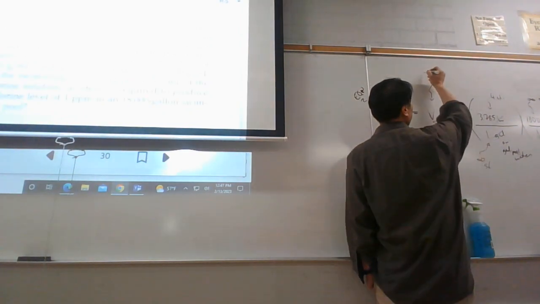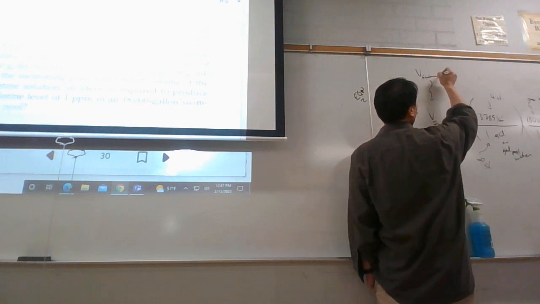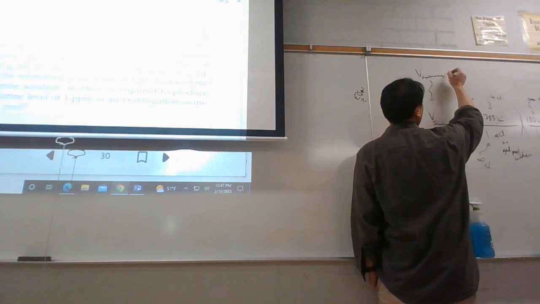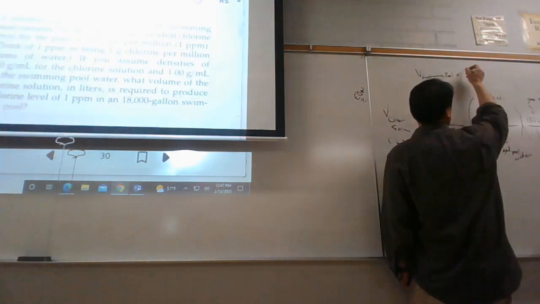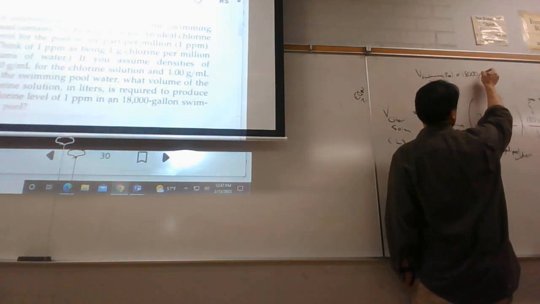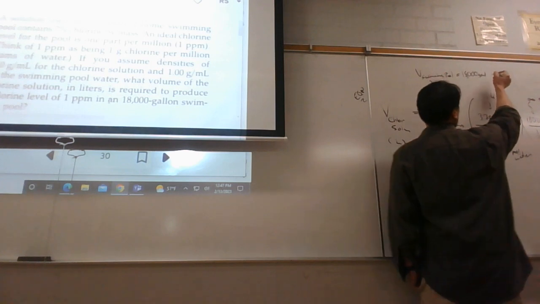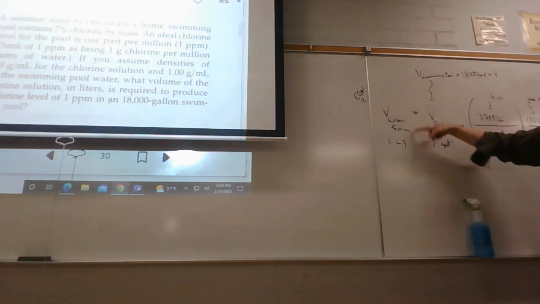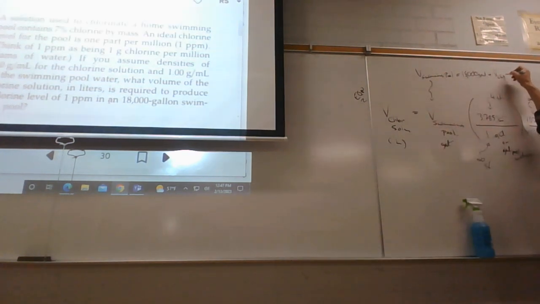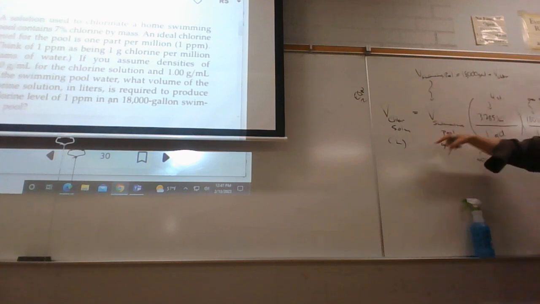So from equation 1, I'm going to get the volume of the swimming pool is equal to 18,000 gallons plus the volume of the chlorinating solution. Well, the volume of the chlorinating solution is in liters.